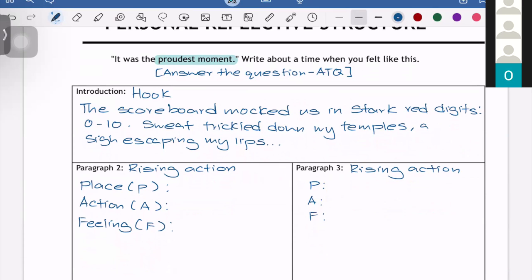In my essay, I will have at least 3 ATQ sentences. That means I will mention the proudest moment, mention the word or a synonym, or make reference to this proud moment in a sentence at least 3 times throughout your whole essay.